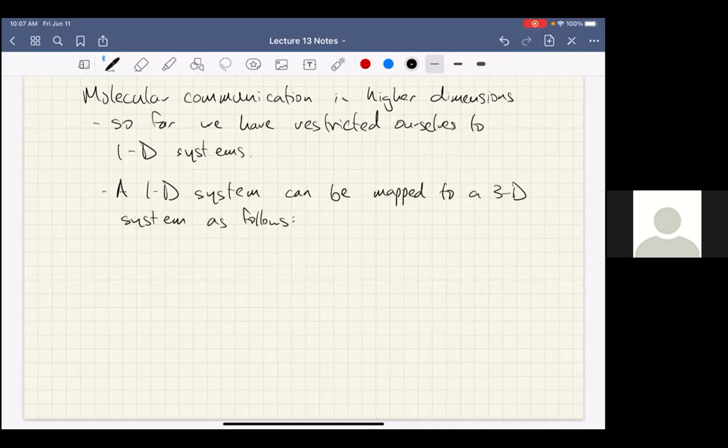So assume that the medium, let me back up. Define the x direction as the original 1D axis of propagation.